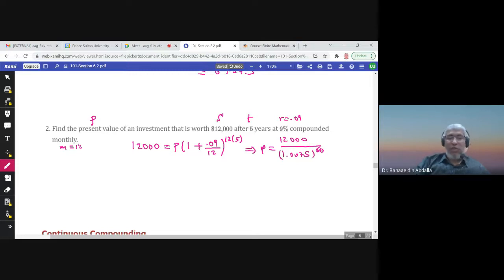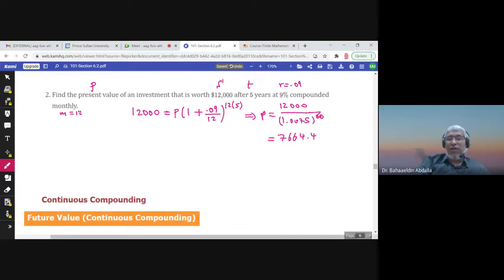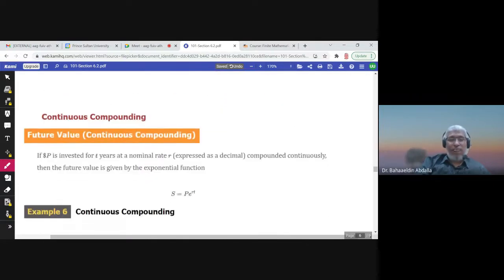So I just divide 12,000 by 1.0075 to the power 60, and the answer would be 7,664.4. So this is the present value, and the future value is 12,000 after 5 years.